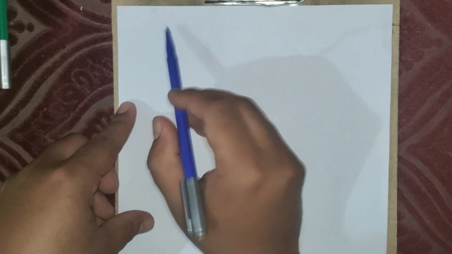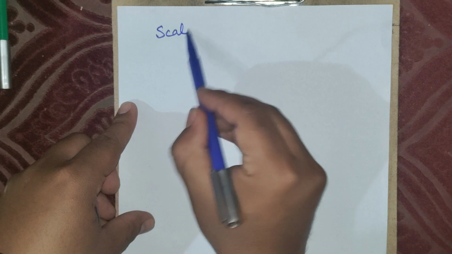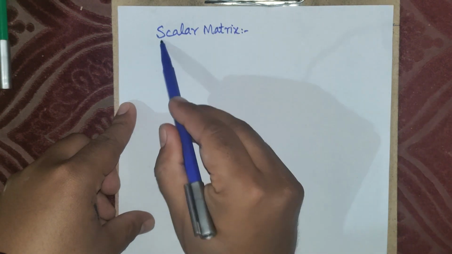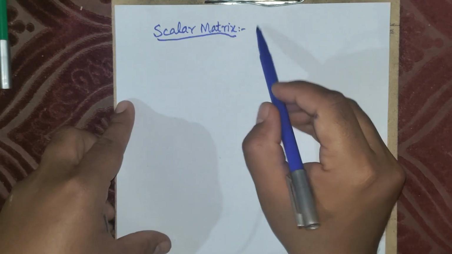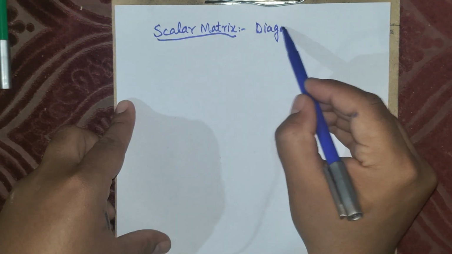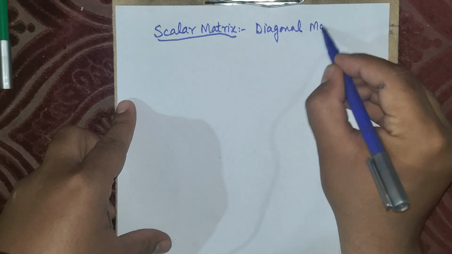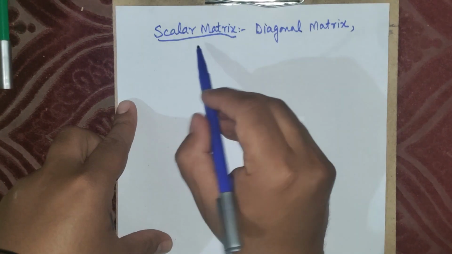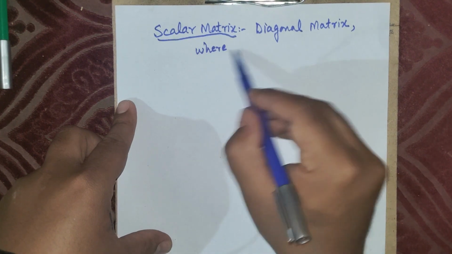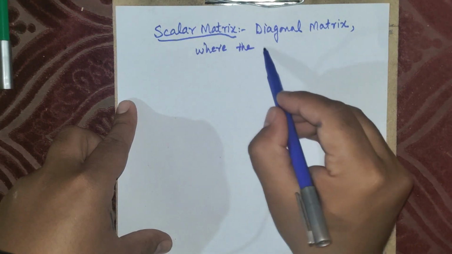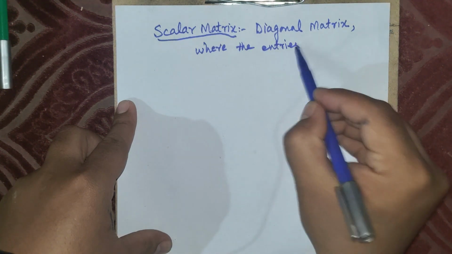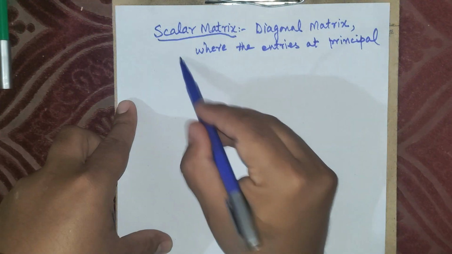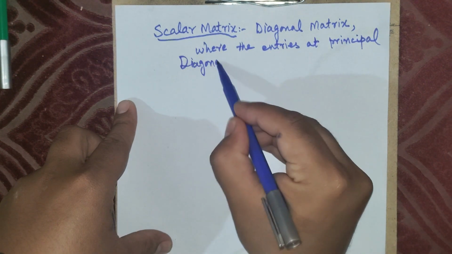Another type of matrix is the scalar matrix. This matrix is a diagonal matrix where the entries at the principal diagonal are the same.